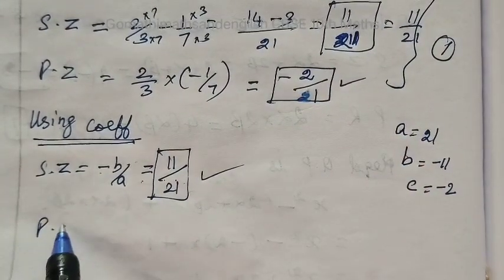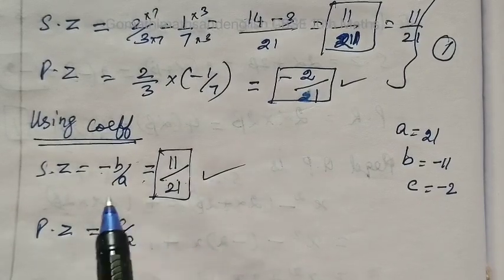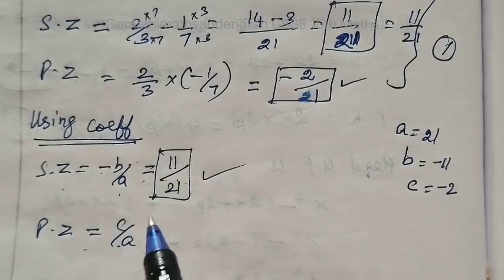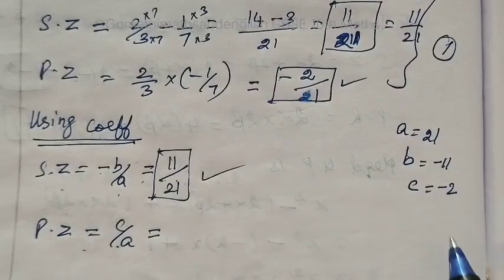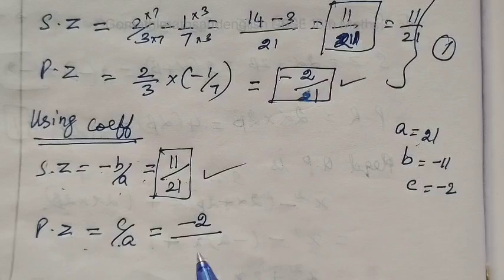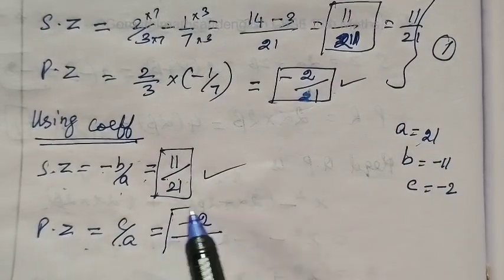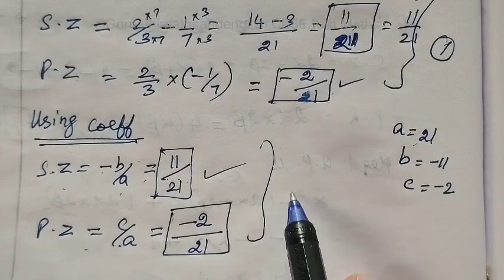Then the product of zeros formula is c by a. Sum of the zeros is minus b by a, product of the zeros is c by a. What is c? Minus 2 by what is a, 21. Here, look, minus 2 by 21. So mark it as 2.